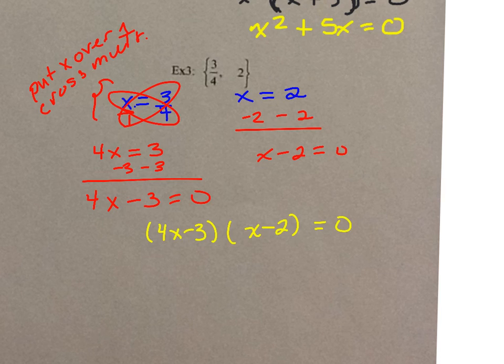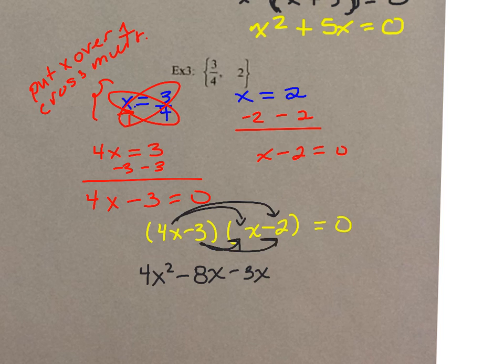All right, now we're going to double distribute. 4x times x is 4x squared. 4x times negative 2 is negative 8x. Negative 3 times x is negative 3x.